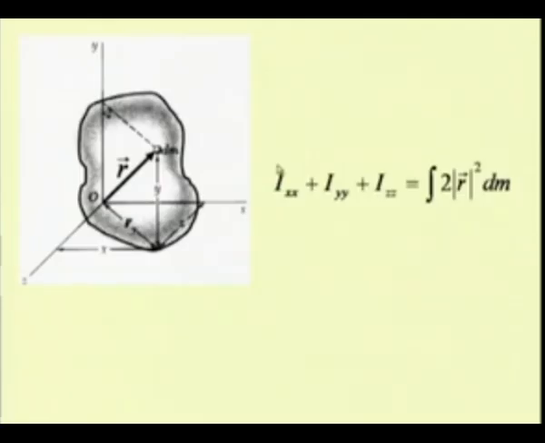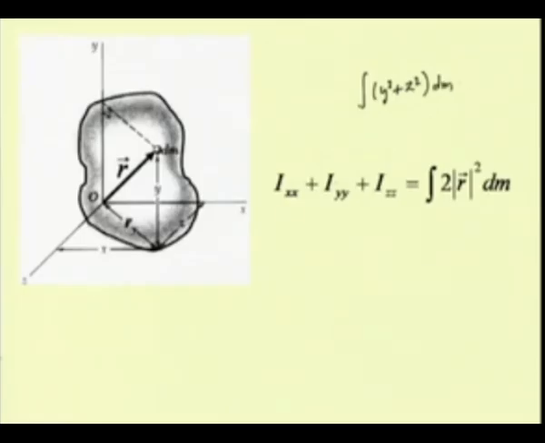Let us now sum these values. If we sum all these values, we will see that Ixx is the integral of y square plus z square dm.